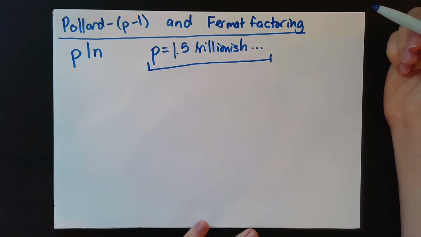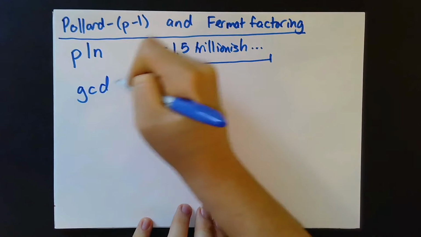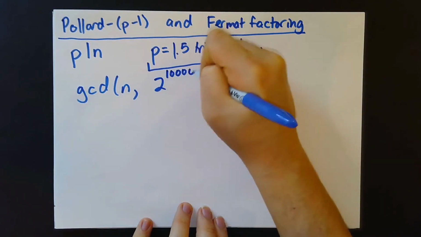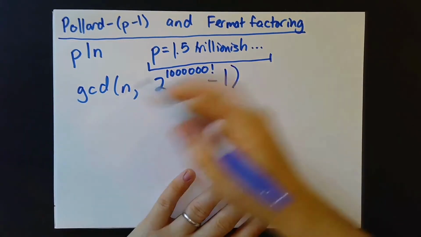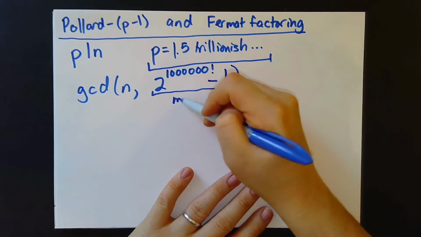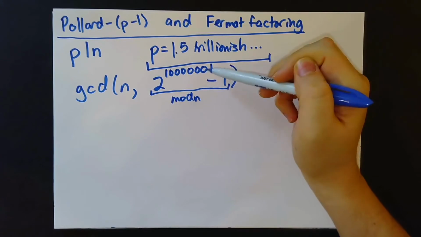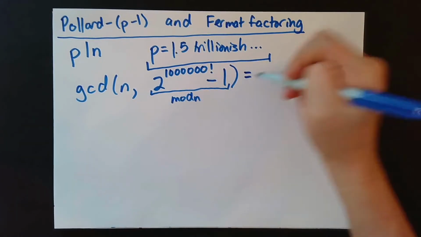So what did we actually calculate? We actually calculated the GCD of n and 2 to the million factorial minus 1. Now we calculated this number here, mod n. That's the only reason why this number was at all reasonable. And so this GCD happened to work out to be p.